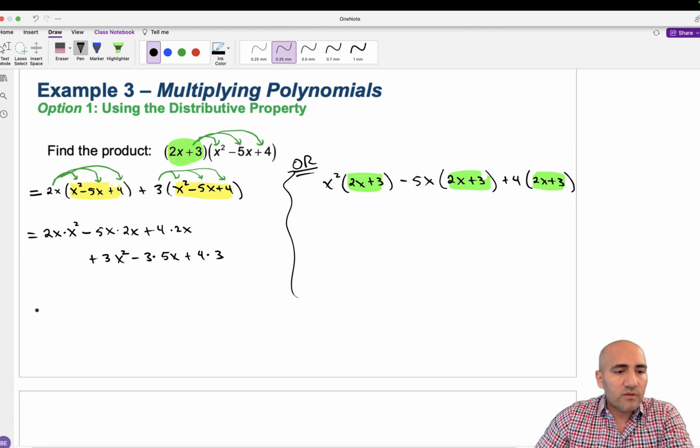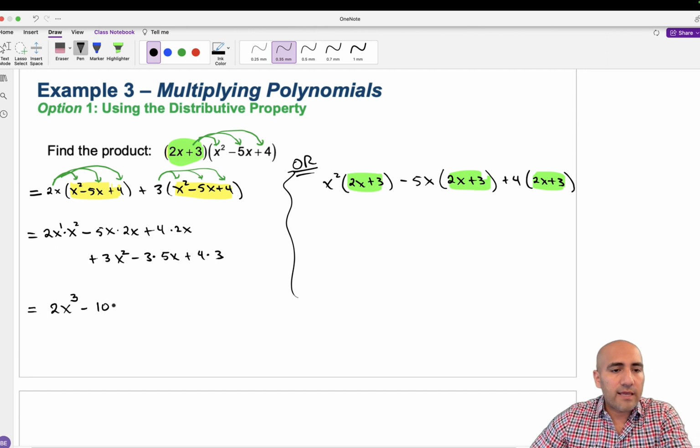Good. Okay, so then this simplifies as 2x to the power of 3, right? There's a little 1 there, power of 3, minus, and this one is going to become 10x squared plus 8x plus 3x squared minus 15x plus 12.